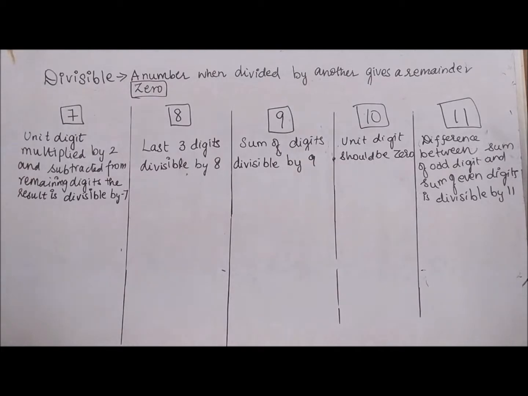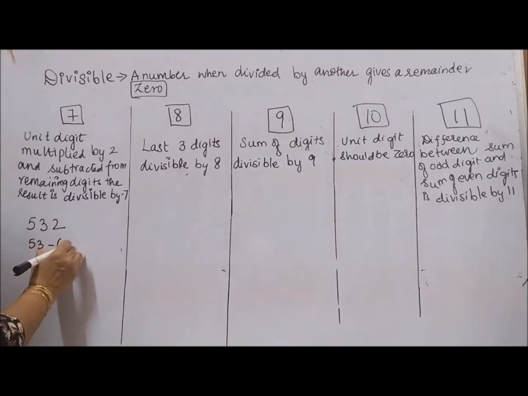7. The rule for 7 is, if we multiply the unit digit by 2 and subtract it from the remaining digits, that answer should be divisible by 7. For example, let's take 532. So what should we do? 53 minus 2 into 2.